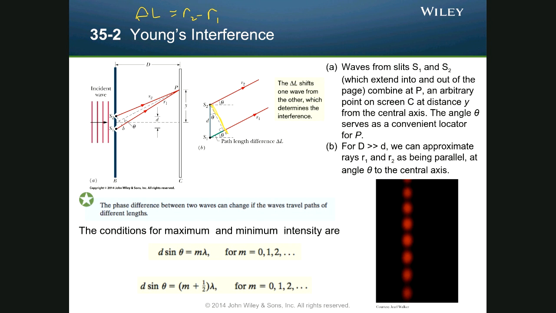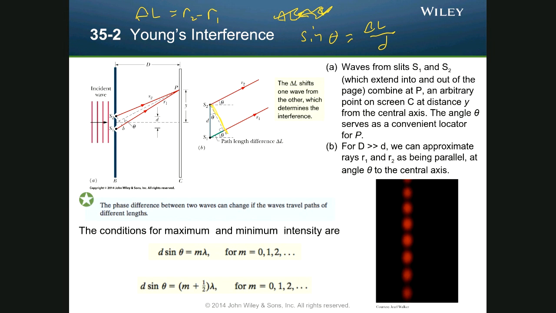But because we have a triangle, we can also see that delta L will equal, if this is the hypotenuse, for the angle theta in the triangle, sine of theta will be the opposite, which is equal to delta L, over that little d.